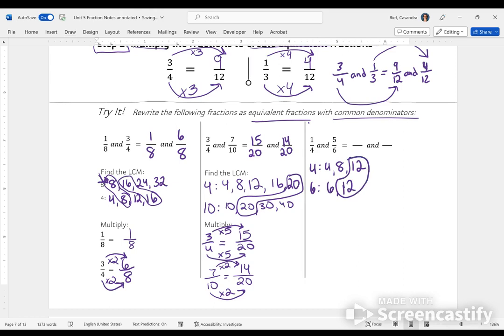So I'm going to turn these into fractions with a denominator of 12. 1/4 equals 12ths. 4 times 3 is 12. So I'm going to multiply 1 times 3 to get my new numerator. And I'll do the same thing with 5/6. I want to turn 5/6 into 12ths. 6 times 2 is 12. So 5 times 2 is 10. So 1/4 I can rewrite as 3/12.